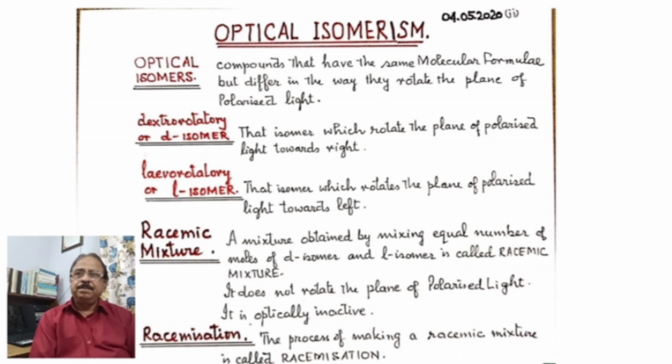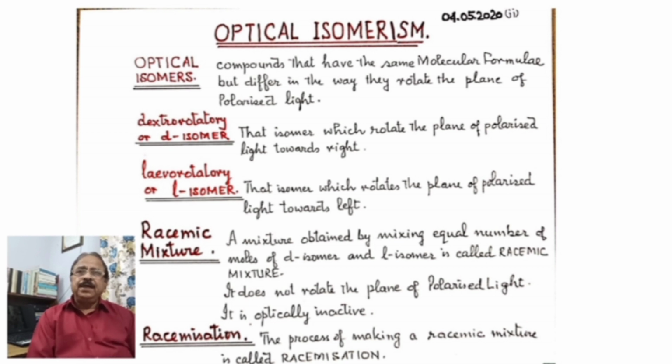We call such a compound an optically inactive compound. Now there are certain compounds whose solutions rotate the plane of polarized light. Such compounds are called optically active compounds.